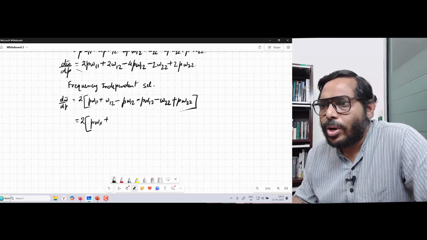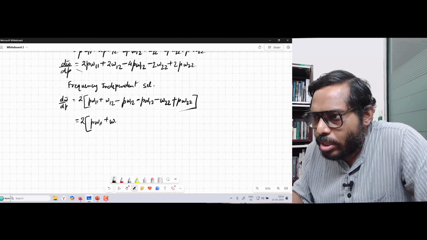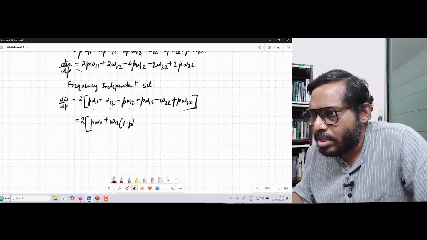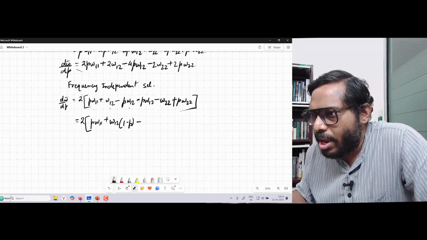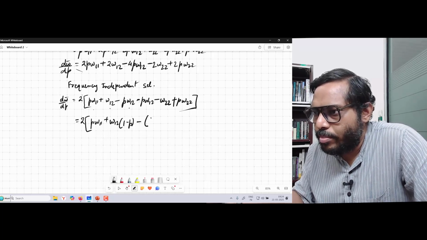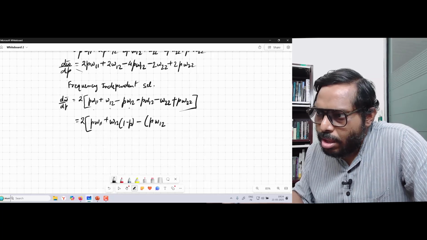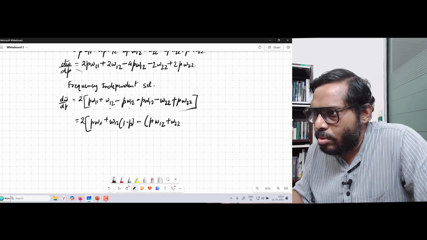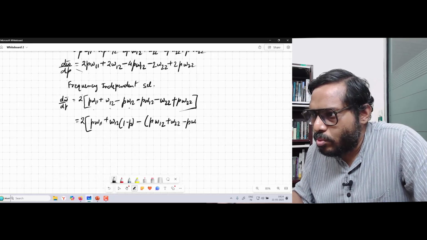So I can take W12 common, W12 into 1 minus P, right. I will take the minus outside and this will become PW12 plus W22 minus PW22.